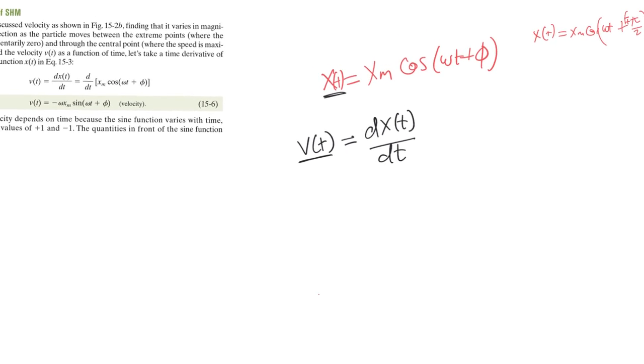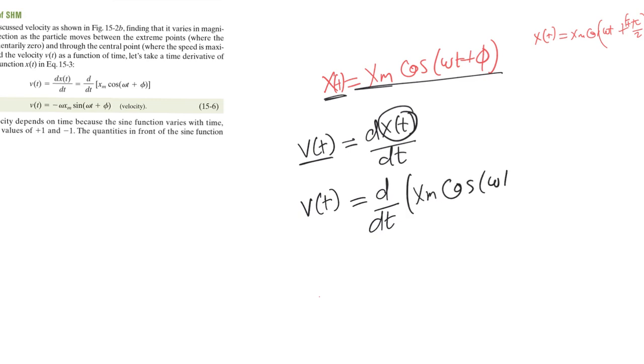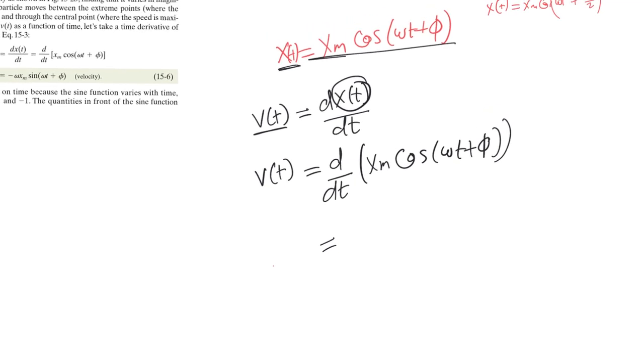Okay, so v(t) equals d over dt, and here we replace x(t) with this, so it will be xm cosine of omega t plus phi. The derivative of xm is zero because it's the amplitude, a constant, not a function of time, so xm will be the same.